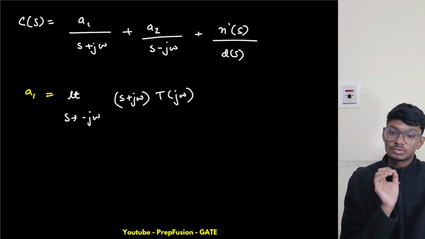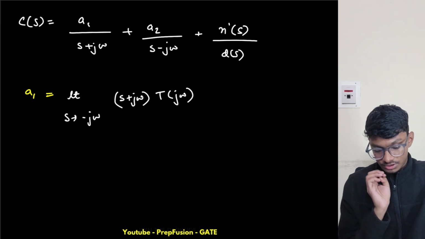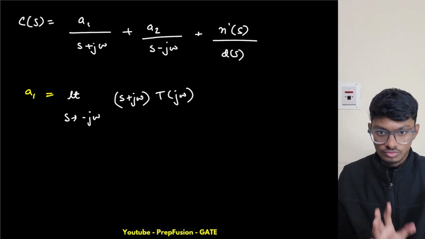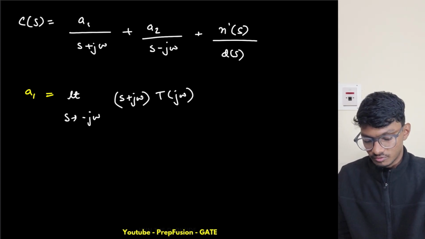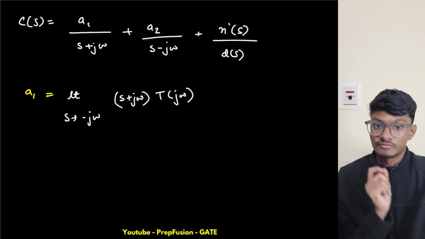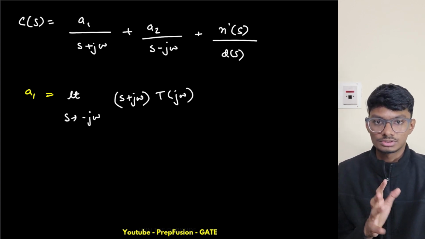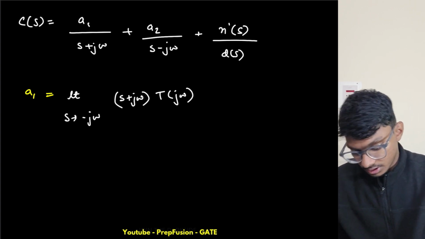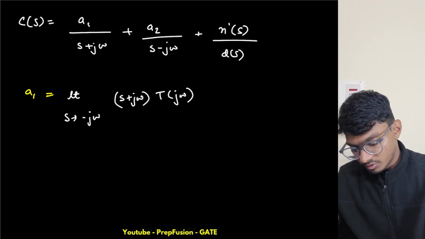So this is what my a1 is. This is just the residue. I hope you can calculate, or you simply solve it here and you will understand. I'm not going too deep into this, because we have already done partial fraction so many times. A bit of it you have to understand by yourself also. So this is what my a1 coefficient will be.